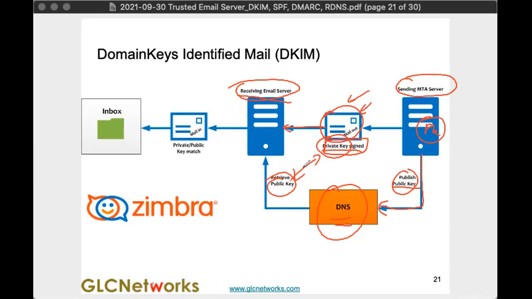So the recipient email server checks whether the private key and the public key are matched. If they are matched, it will go to your inbox. As simple as that. This one is quite sophisticated, so that's one technique.